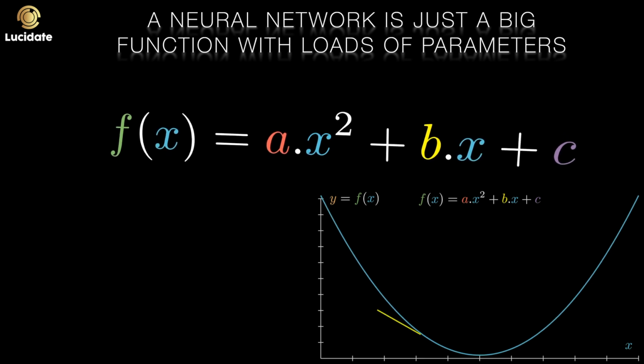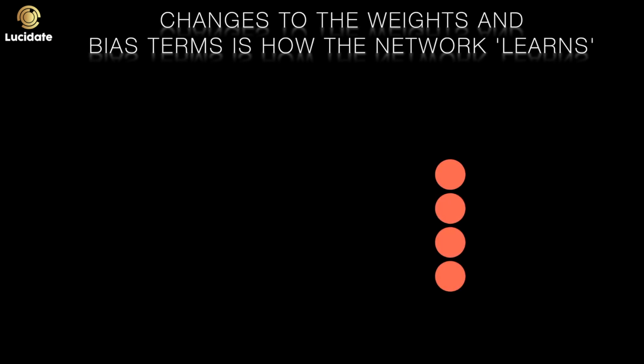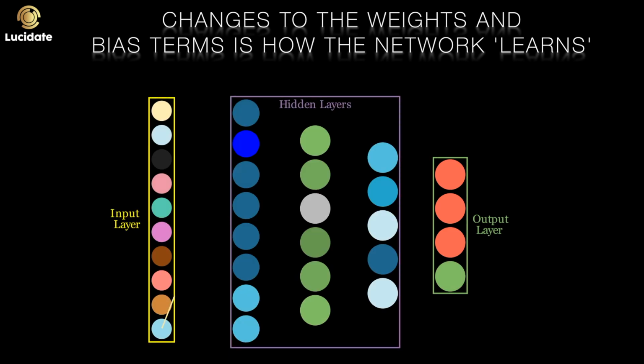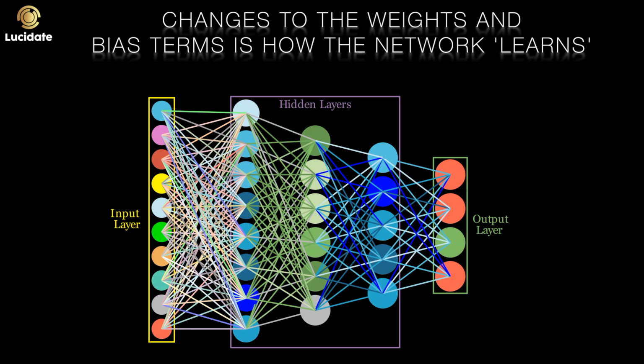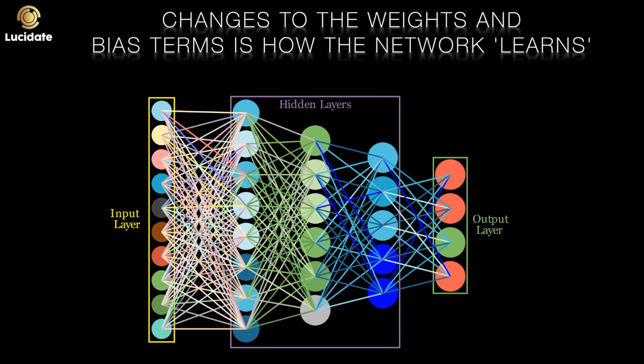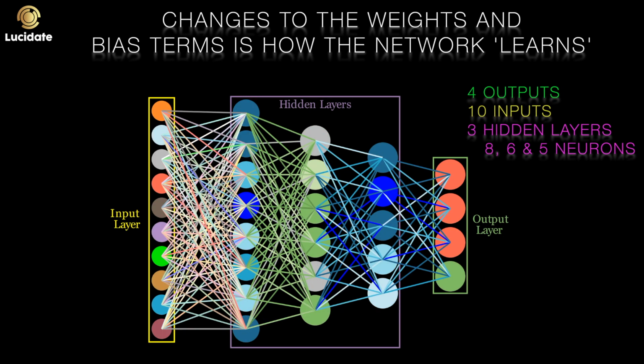Even for the most basic neural networks, there are way more than three parameters. Now, a lot of parameters can be a lot to get your head around, but it's these tweakable parameters that give neural networks their power to adapt and learn. For the relatively small network shown on the screen, we have 4 outputs and 10 inputs.